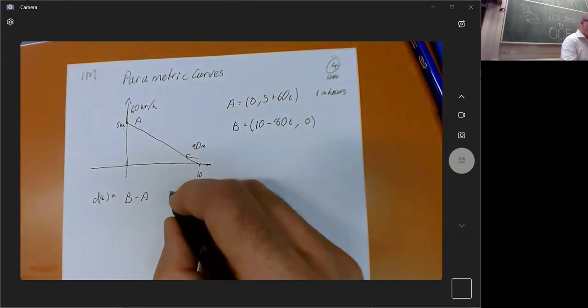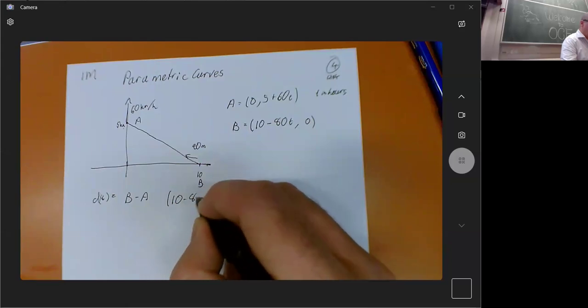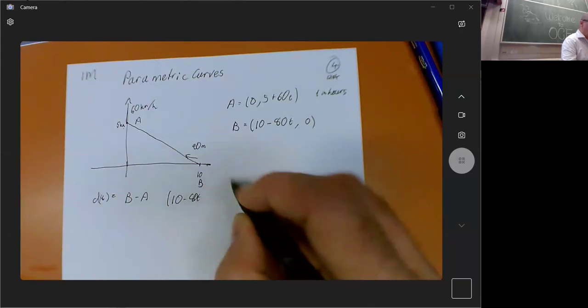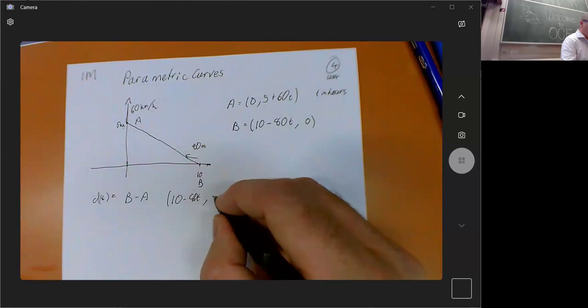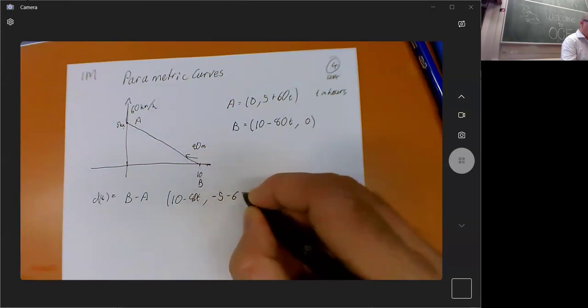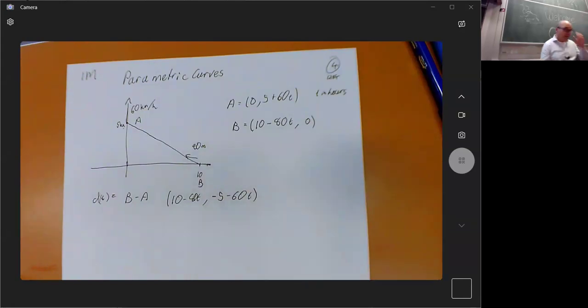So B minus A is going to be 10 minus 80t, and minus 5 minus 60t. That is the vector that's between them.